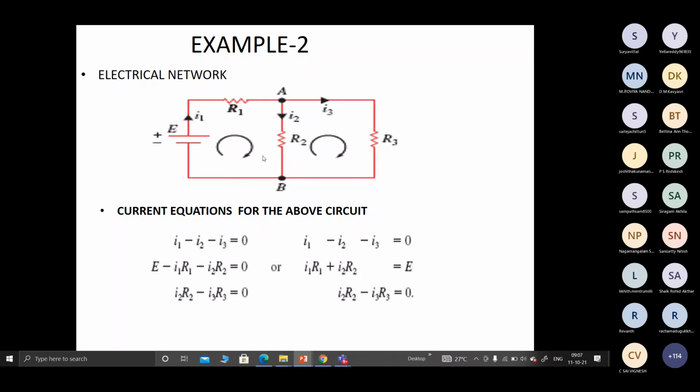To solve this network means we have to find the current in the first loop and the second loop for a given context: for a given voltage E and resistances R1, R2 and R3. For given values of these, what will be your currents I1 and I2? That's the question.